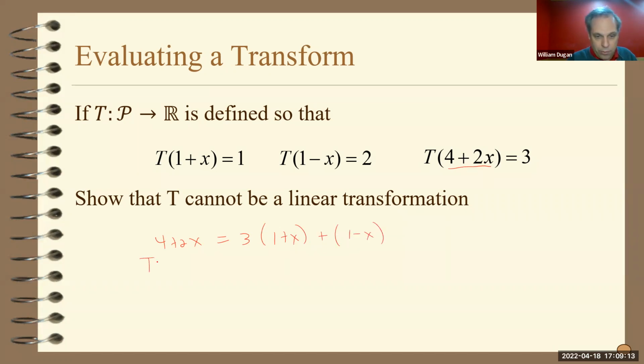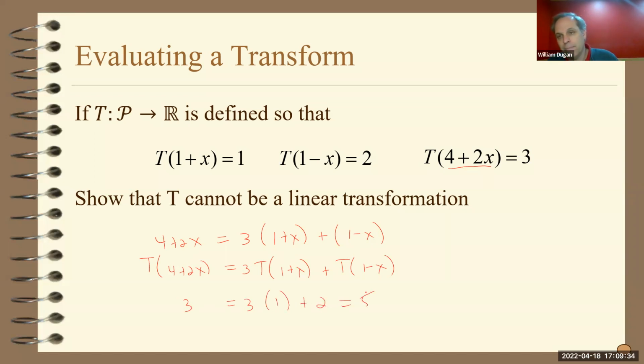So the transform of 4 plus 2x would have to be 3 times the transform of 1 plus x plus the transform of 1 minus x. But the left-hand side would be 3. That would then equal 3 times 1 plus 2, and that would be 5. And that's clearly false. That's impossible. They can't be equal to each other. So there is no linear transform where this would be true. And I believe that's enough for that video.